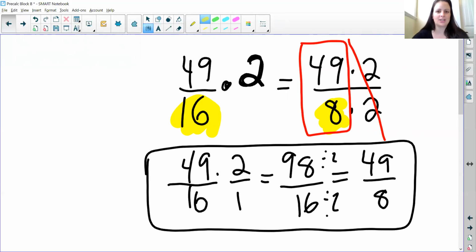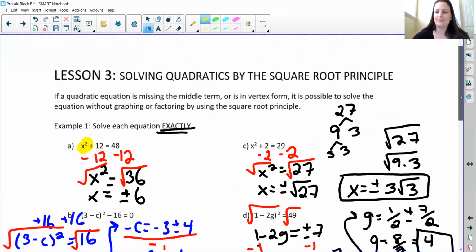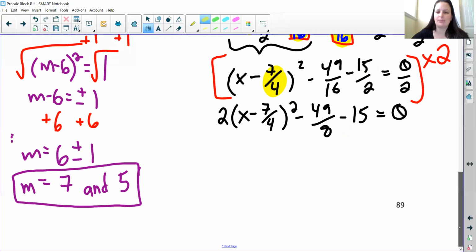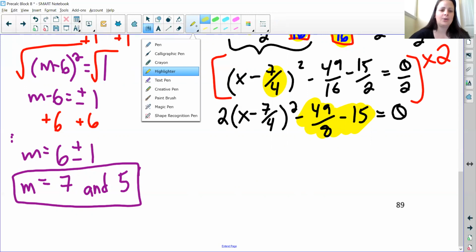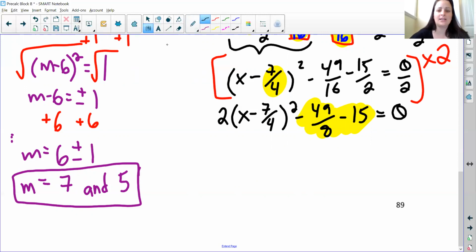I'm going to go back to the question now, when my computer decides to join me. All right, so now I have these fractions. Now I do have to deal with these here, and I have a fraction being combined with a whole number, which means I have to find a common denominator. So this 2 times x minus 7 over 4 squared just gets to hang out for a while. 49 over 8 gets to hang out.